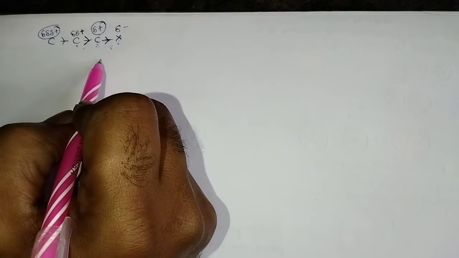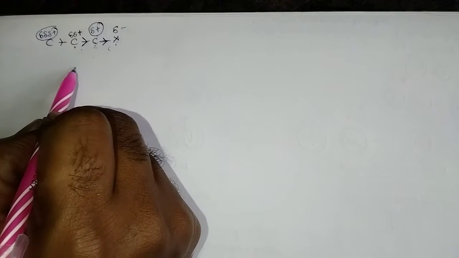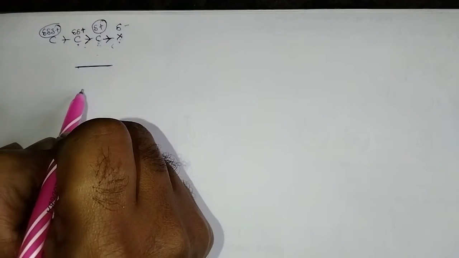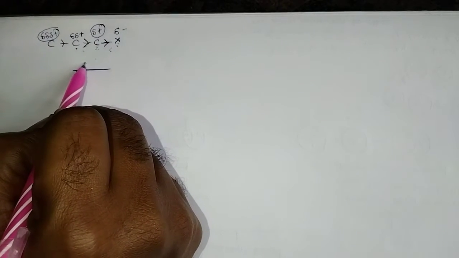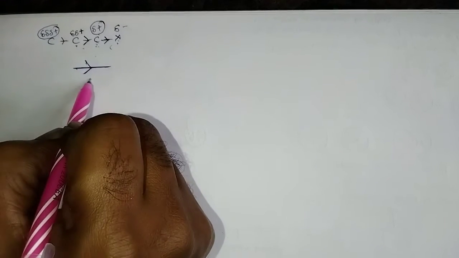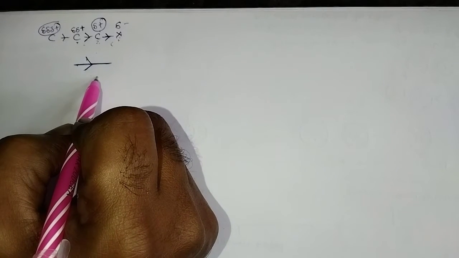And how can you denote the inductive effect? This is a sigma bond or covalent bond. In the middle of the covalent bond, an arrowhead is mentioned. Like this you denote the inductive effect. This is the symbol for denoting inductive effect.